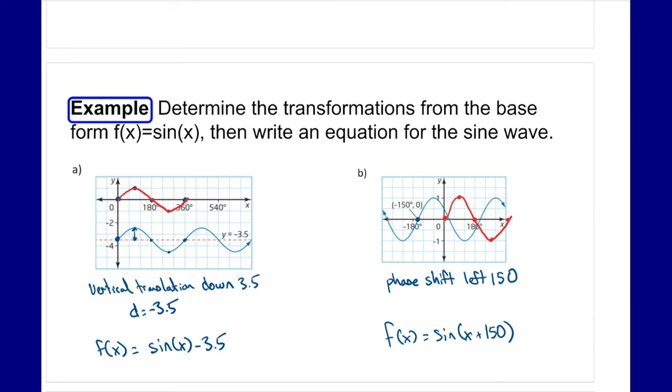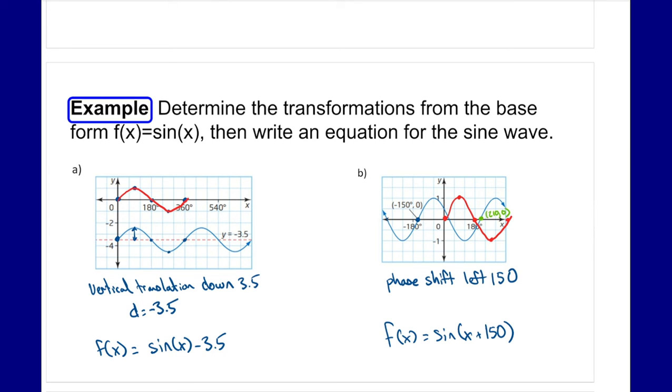Now, there could be another way that you write it, because if you look, you do see a point at this midline over here as well. So if we knew what that exact value was, because this one's at negative 150, I'm probably guessing this is at 210. Just kind of off by 30 overall.